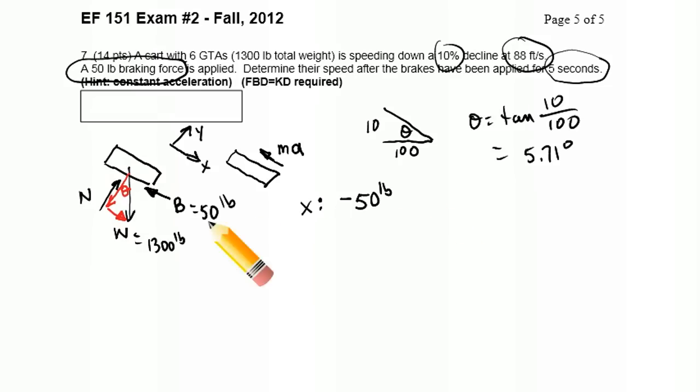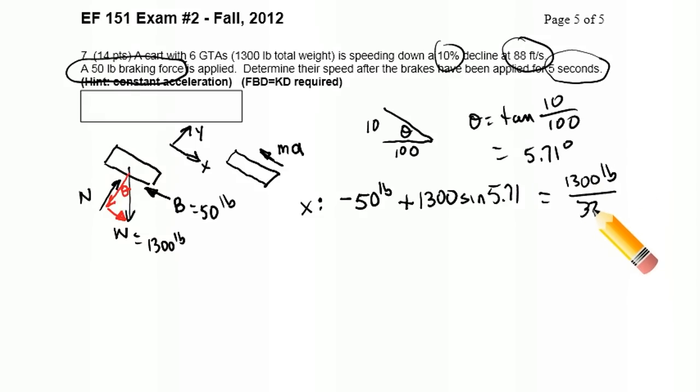So in the x direction, this component is positive, and it's the sine of the angle times the weight. So it's a positive 1,300 sine 5.71. Braking force going negative x, the weight component going positive x. Those are our only two forces parallel to the incline, and that's going to be equal to mass, 1,300 pounds, divided by 32.2 feet per second squared, times acceleration in x.